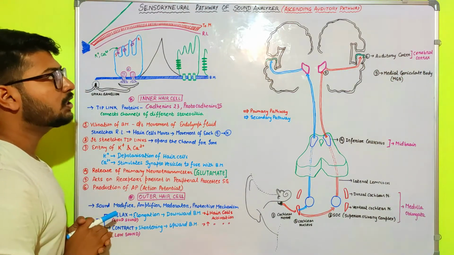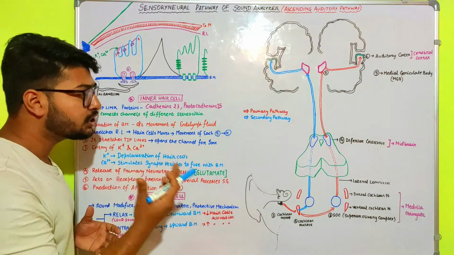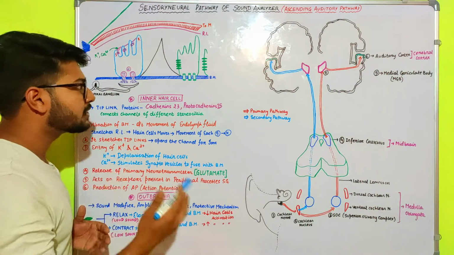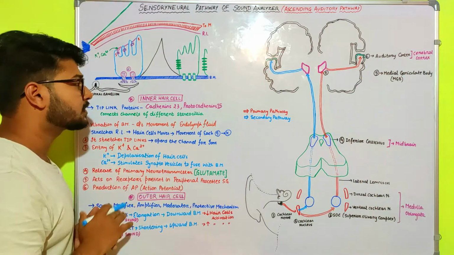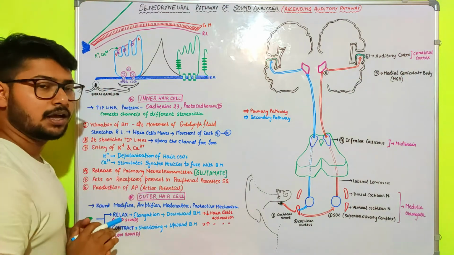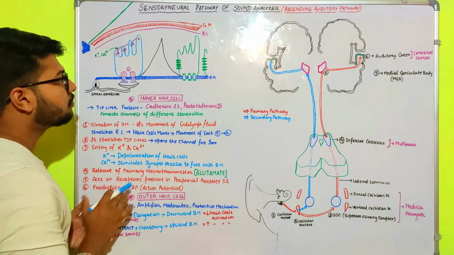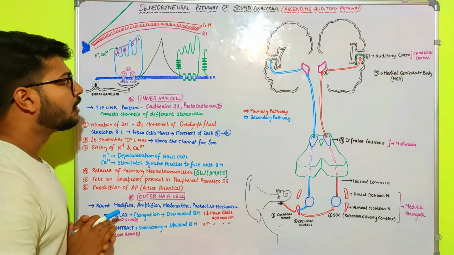Now we are going to learn how the sound stimuli stimulates these hair cells, and that results in generation of action potential in the cochlear nerve. Let's begin with the function of the inner hair cell.